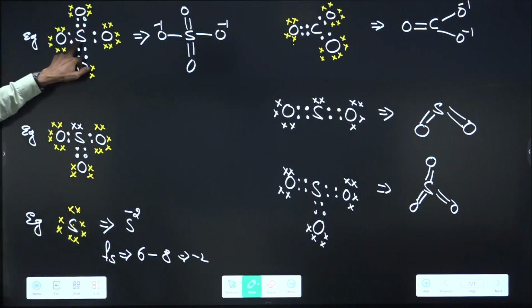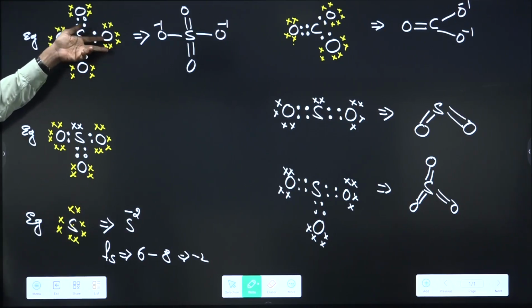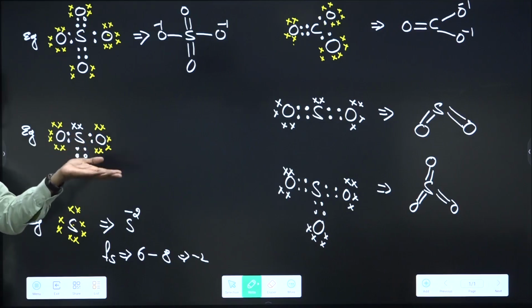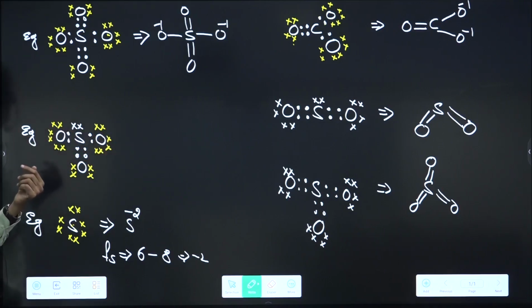Sulfur group number 6. 6 minus how many lone pairs? 0. How many bonding electrons? 1, 2, 3, 4, 5, 6, 7, 8, 9, 10, 11, 12. 12 by 2. 6 minus 6, 0. Clear?